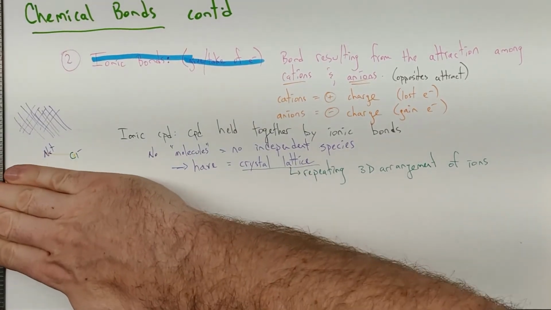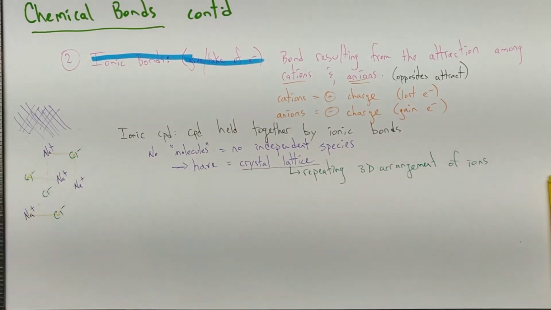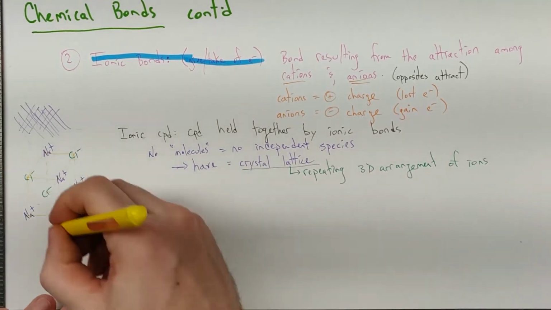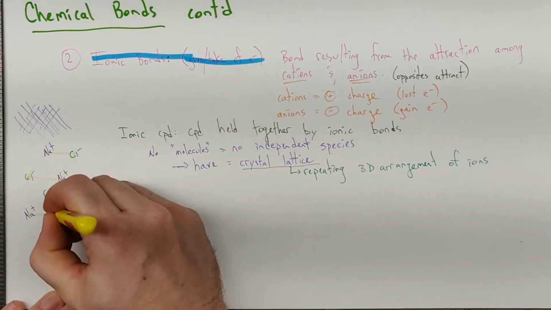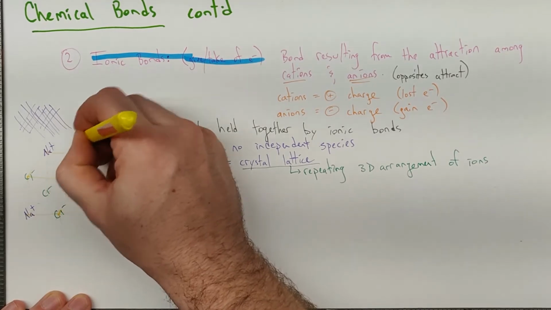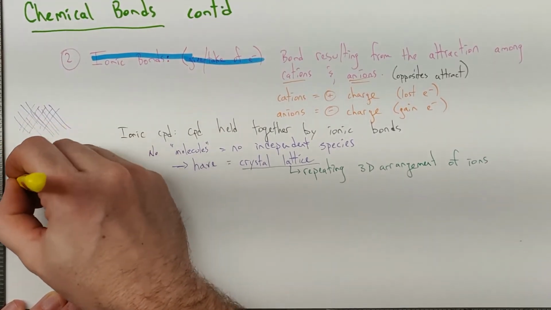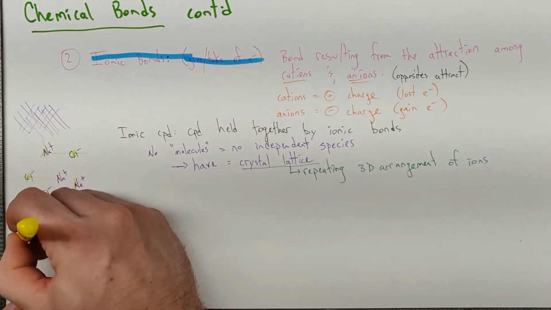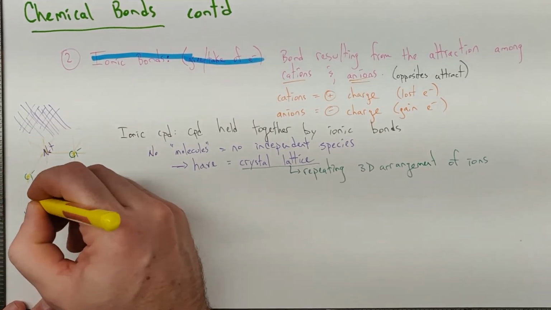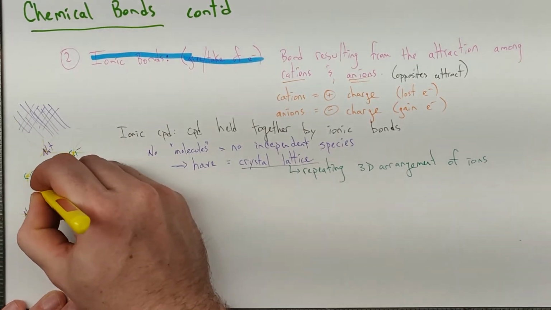Well, one Na and one Cl isn't something. It doesn't exist because it's a whole bunch of Nas and a whole bunch of Cls. In fact, and this starts to make my drawing look a little messy, this goes off indefinitely in 3 directions for as many cations and anions as you have. And that leads to it being brittle, and we'll talk about the brittleness of ionic compounds when we're getting into the general properties.